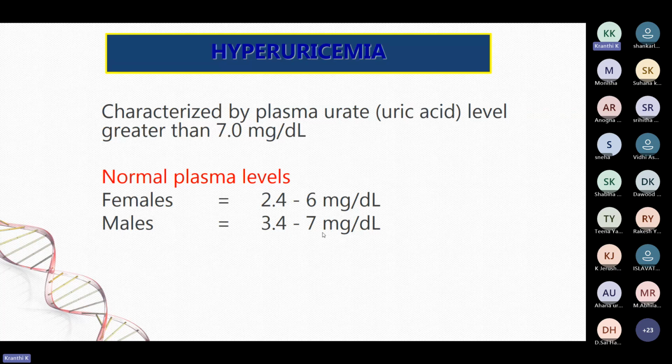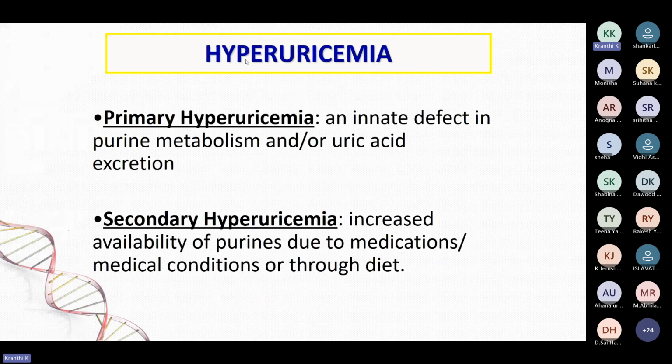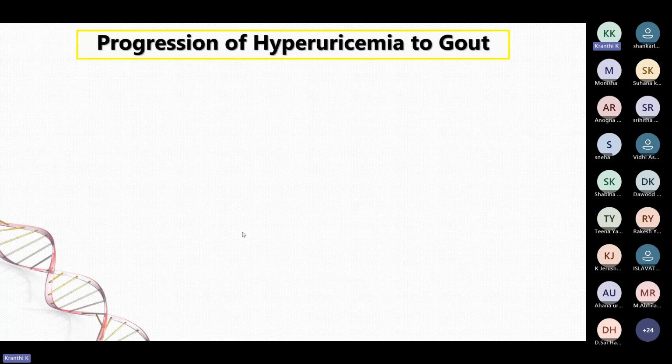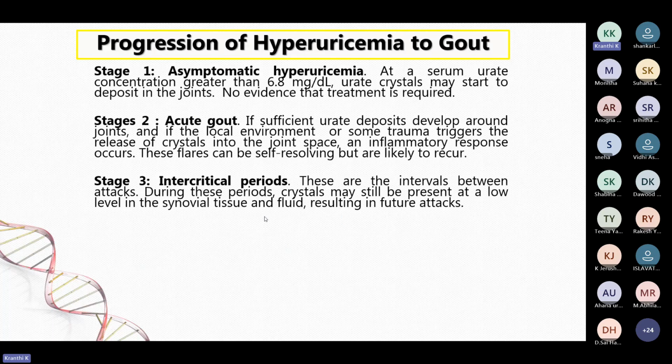If it is exceeding 7, then that indicates hyperuricemia. In the female, that should be 1 milligram less. Okay. Then primary hyperuricemia means an innate deficiency. This is nothing but the primary. Primary means inborn. Secondary means after birth, right? Maybe due to different factors.